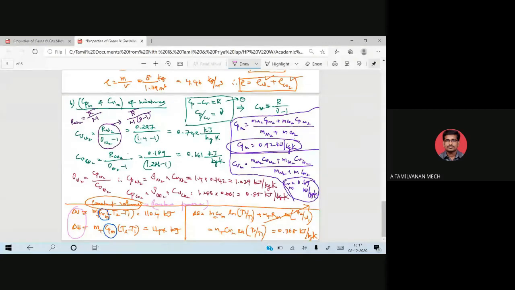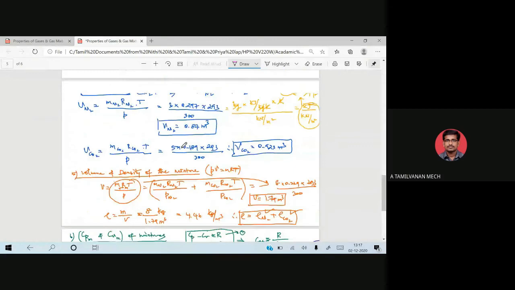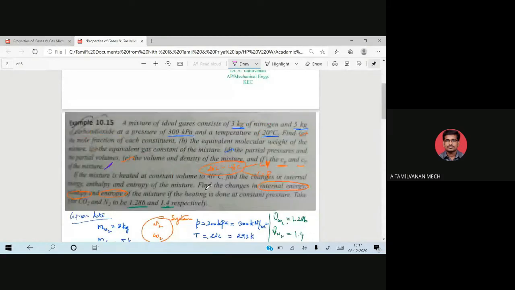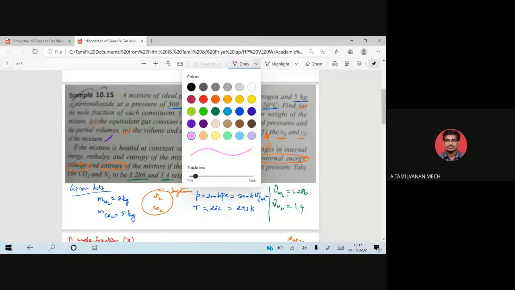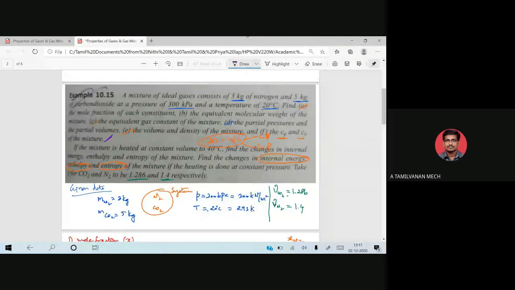For the constant pressure process, please note the entropy equation. Delta S is equal to m total times Cp of the mixture times ln of T2 by T1, minus m total times R of the mixture times ln of P2 by P1. This term gets 0. Why? Because it is a constant pressure process, so P1 equals P2 and this term is 0. Finally, delta S is equal to m total times Cp of the mixture times ln of T2 by T1.